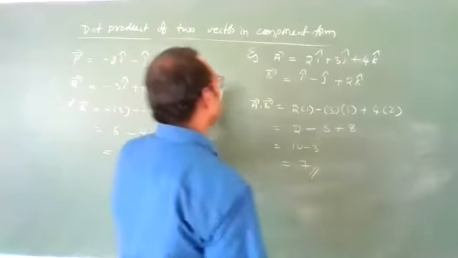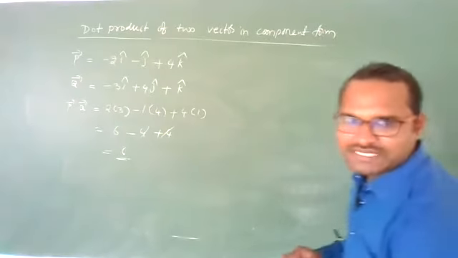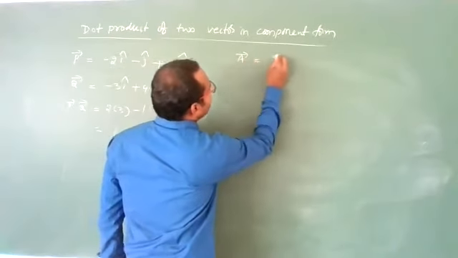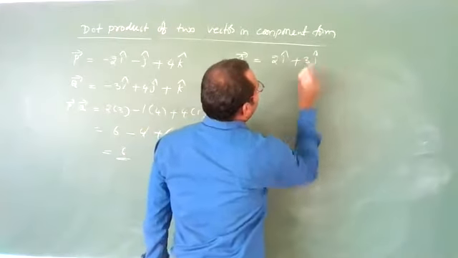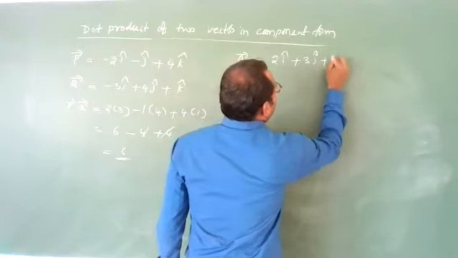Now you may get a question like this. Students, let us suppose we have a vector a bar, which is 2i cap plus 3j cap plus k cap.